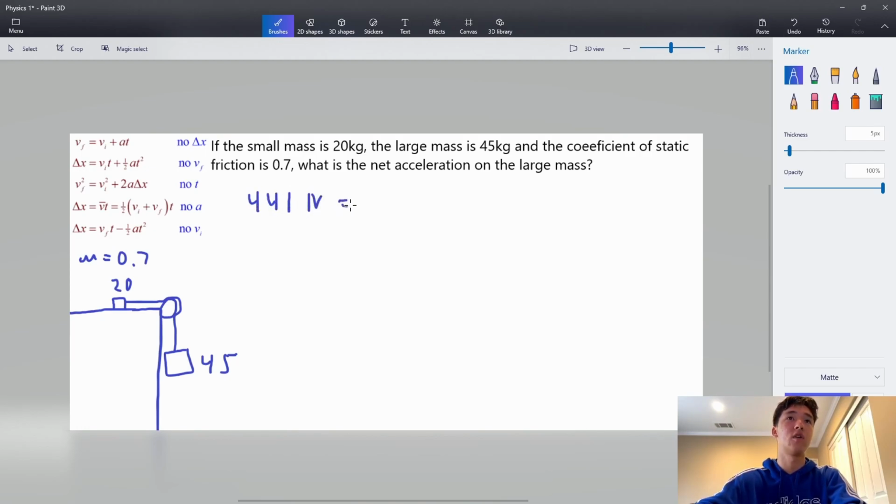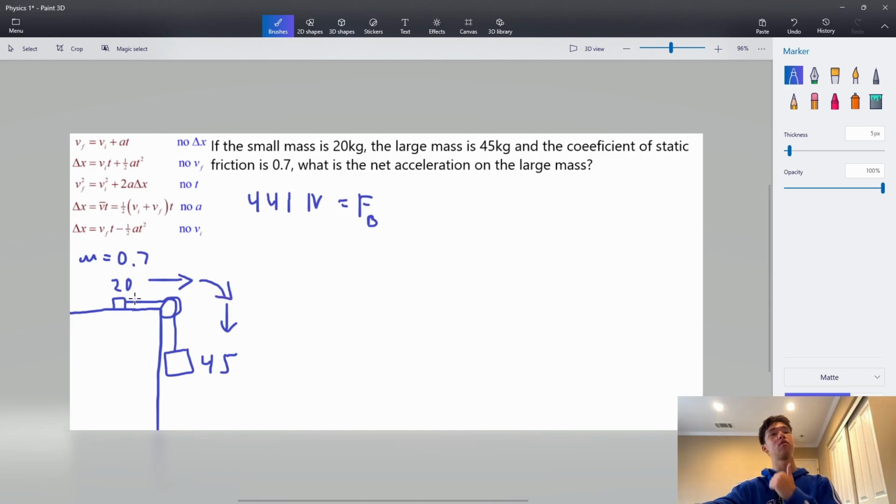That is the force of the big mass, so we can just call it force of B. Because there is 441 newtons going this way and it's connected on the pulley, there's 441 newtons basically going like this, right? So there's 441 newtons pulling on that small box.